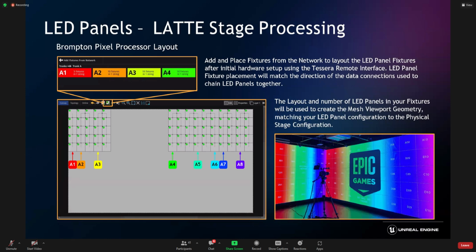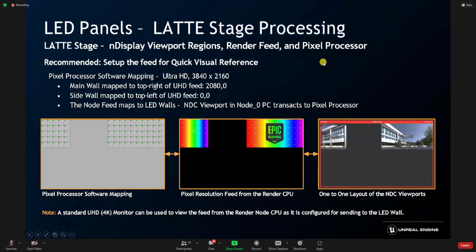And the Brompton processor will take the information that's fed to it and divide it up so that it goes to the proper mosaic. So here's the pixel processor.